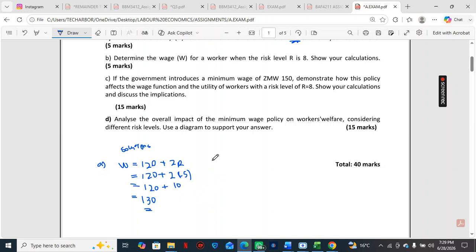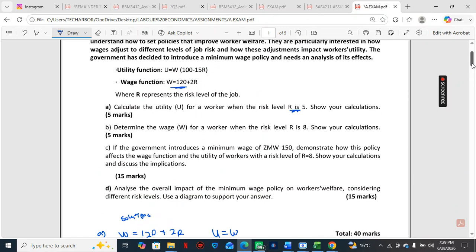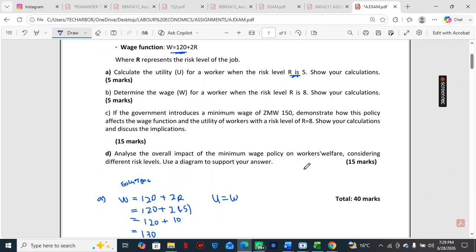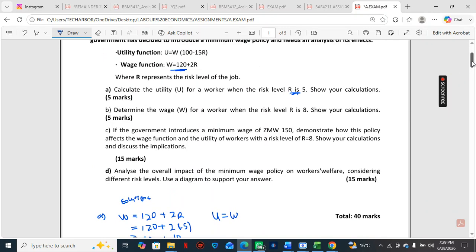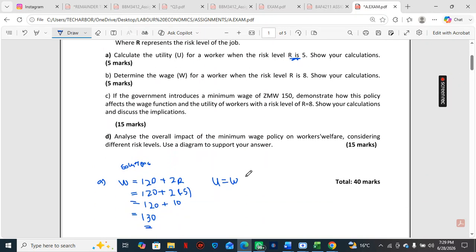Now we need to calculate the utility U. U equals W open brackets 100 minus 15R.